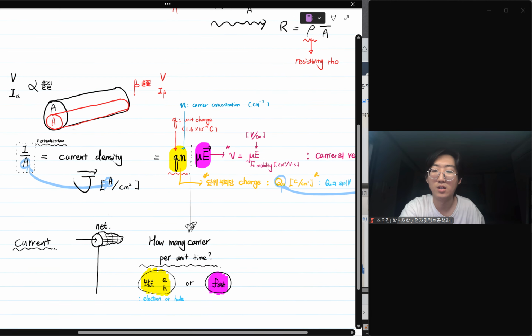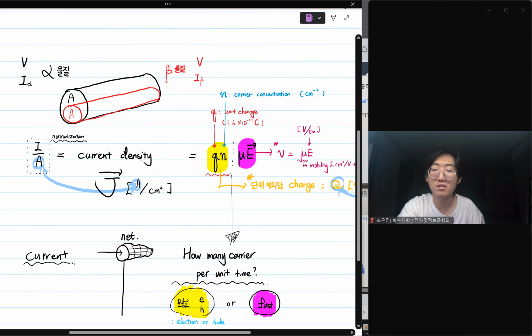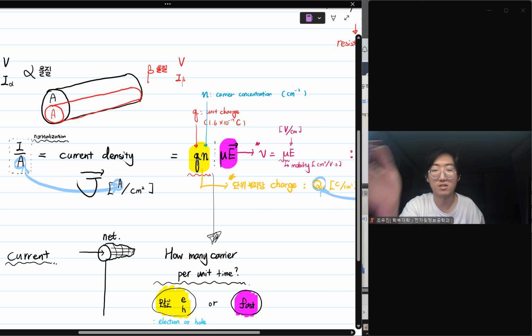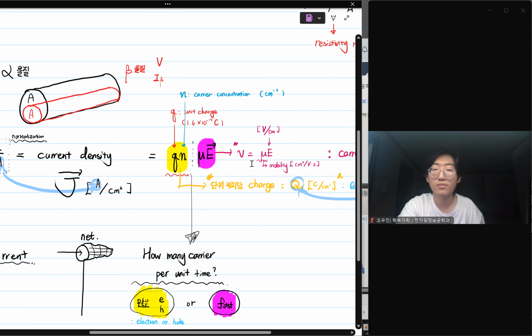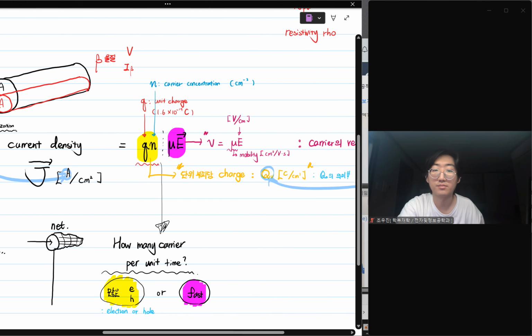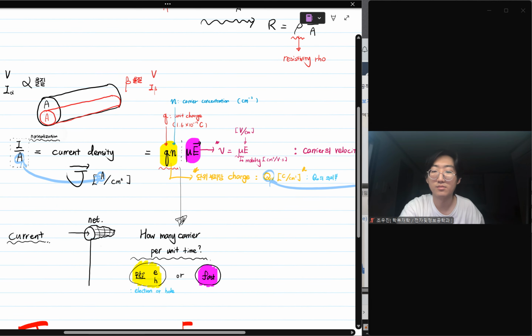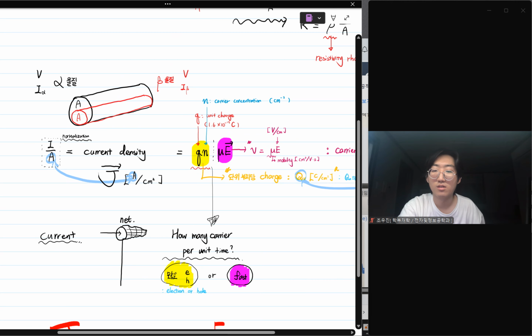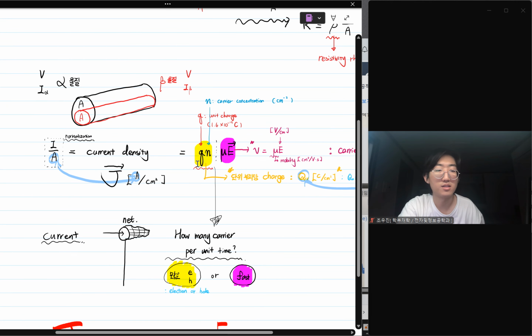So the current density can be expressed as q, n, mu, E. This part means how many electrons or how many holes there are.